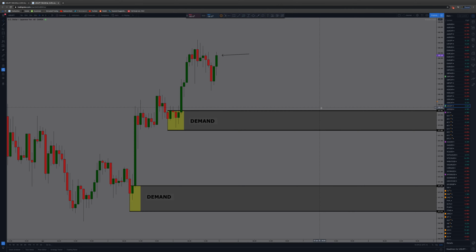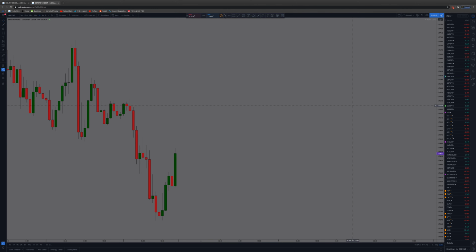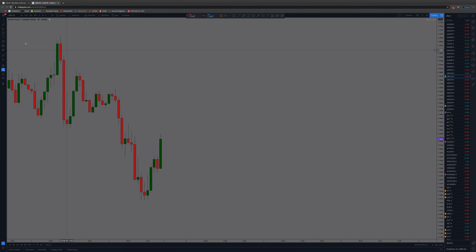And then there's a difference between zones. All of these zones, this zone and this zone, are a drop base rally. And there's a good example here for demand. So I take this tool. Oh, that's the wrong tool. Where's my tool?